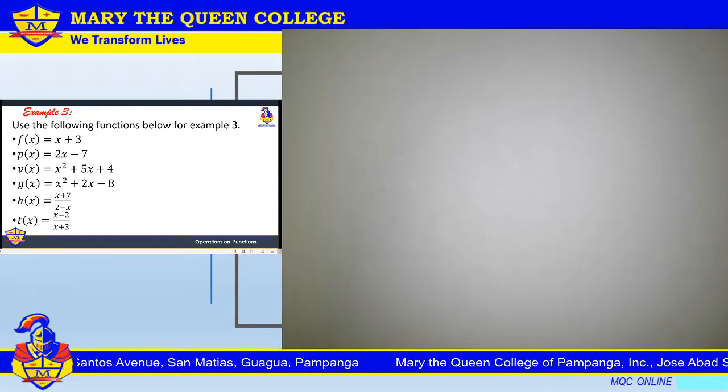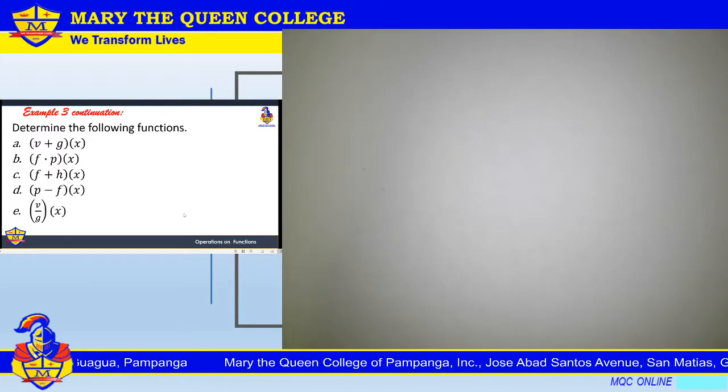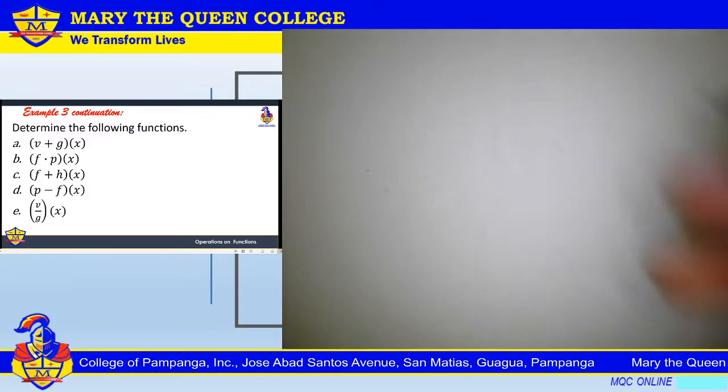Alright? So are you ready? Okay. So we'll move on the next slide. Okay. So based on our given, determine the following functions. So we will base our functions on the previous slide na meron tayo.